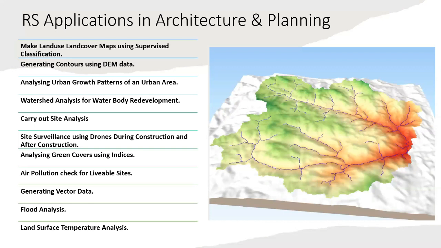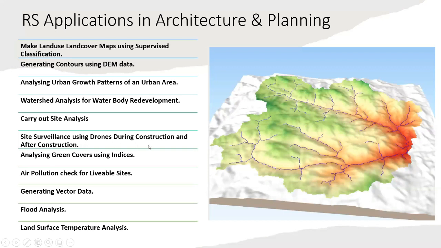GIS we will be learning in the coming slides. Using which we get authentic data for any place, even where we cannot reach easily, and the number of frequent visits to the sites also reduces if we use remote sensing and GIS for site analysis.